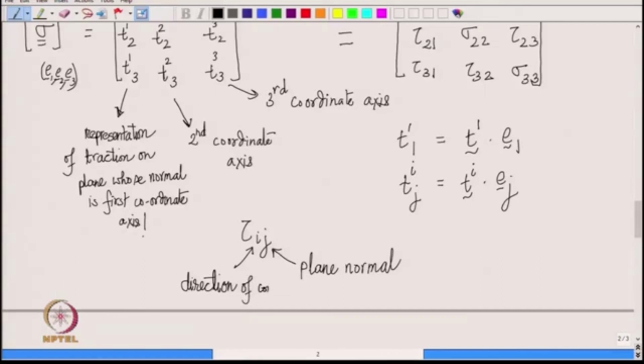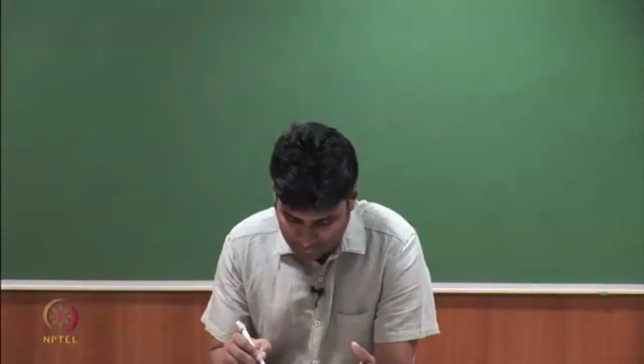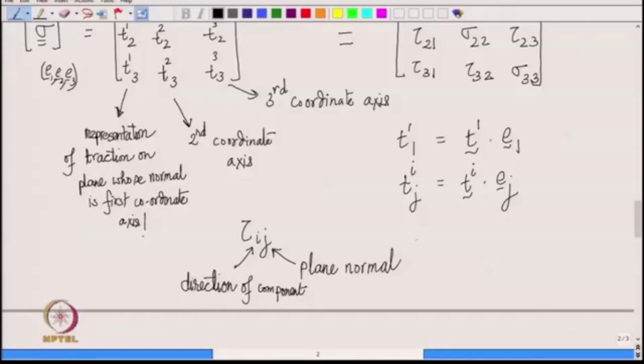Direction of component. So, traction on j plane and its component along ith direction. Okay.